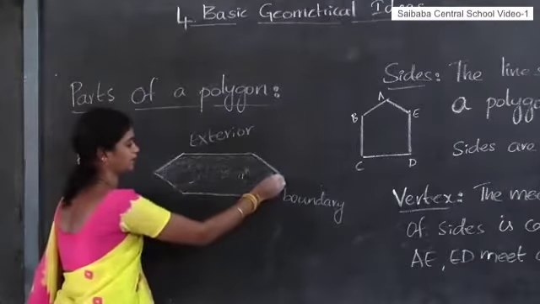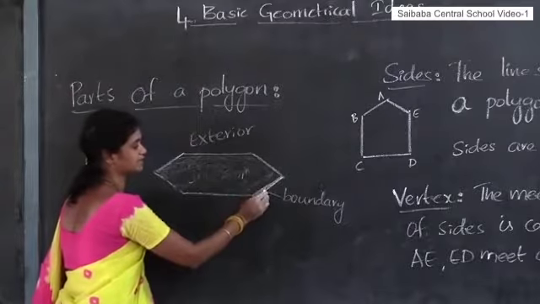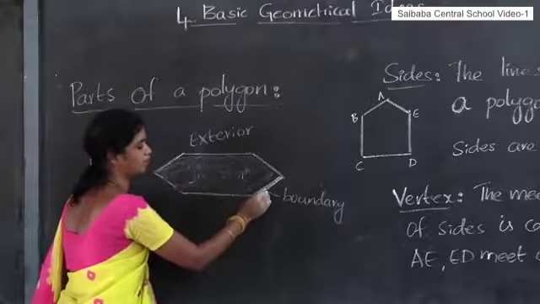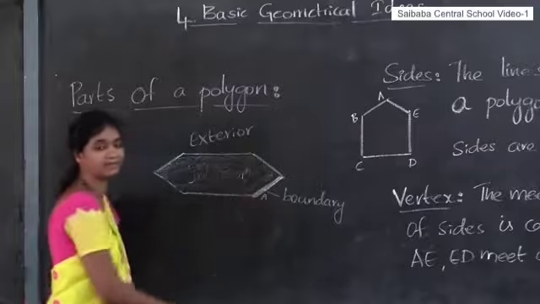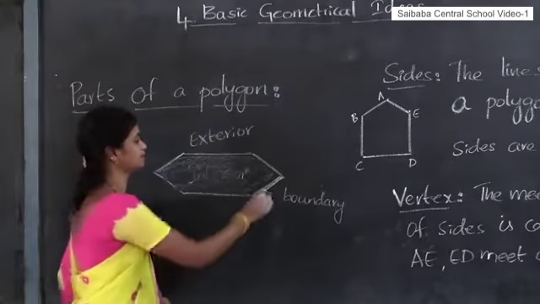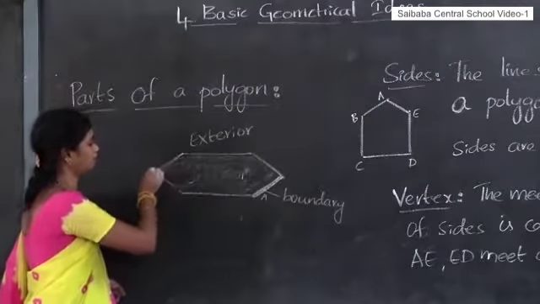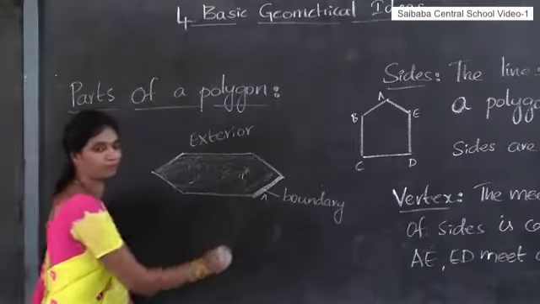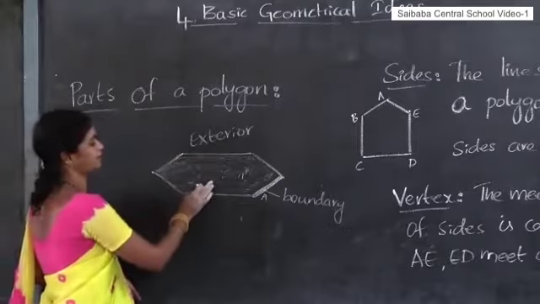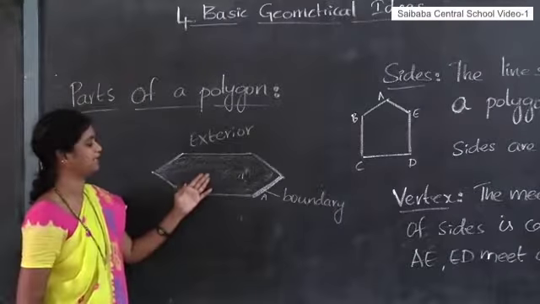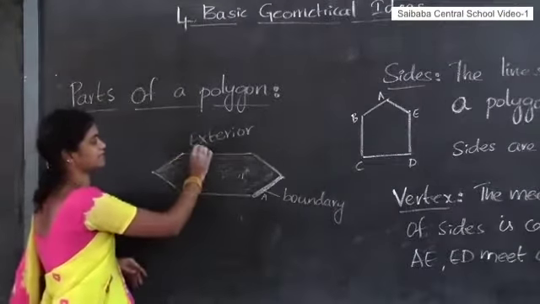If you take a point here, this is a boundary point. The second part is the boundary. These are all boundaries, the boundary of the polygon. And the part that is outside the interior and boundary is called the exterior.